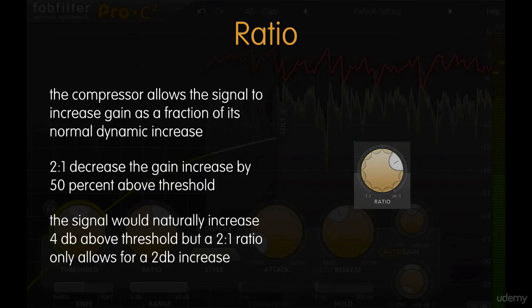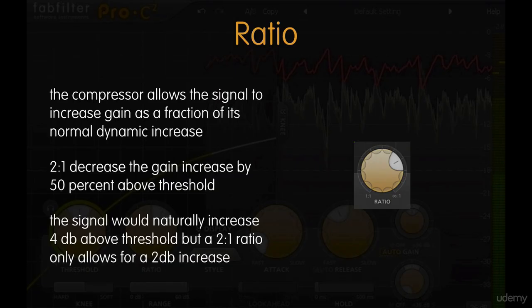So if you have a 2-to-1 ratio and the signal wants to go 4 dB above the threshold, the 2-to-1 ratio will only allow it to go 2 dB up. So that's the thing, right? It's still allowing it to exceed the threshold and to be dynamically expressive, but it's cutting it in half. That's what a 2-to-1 ratio is.